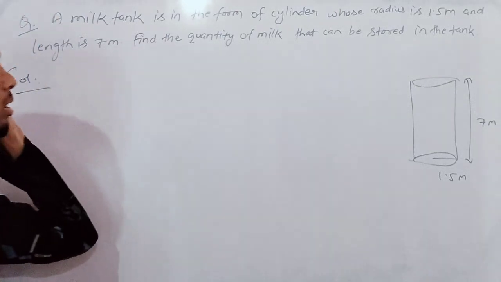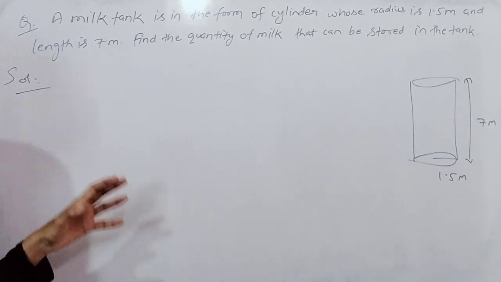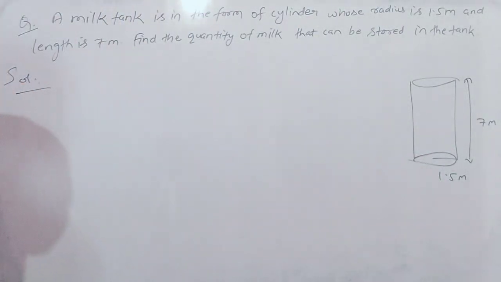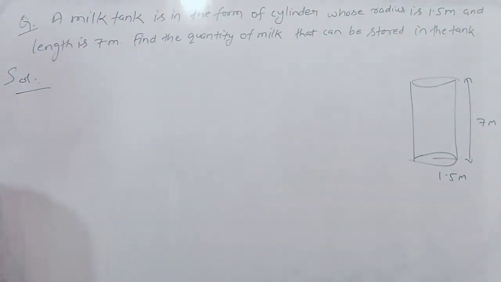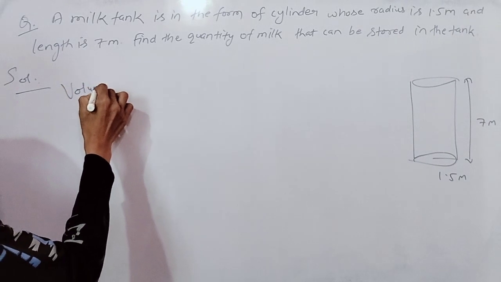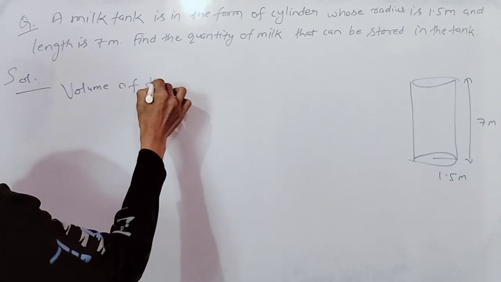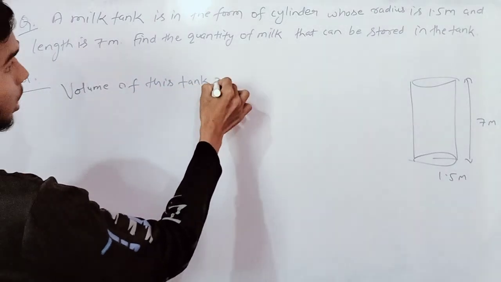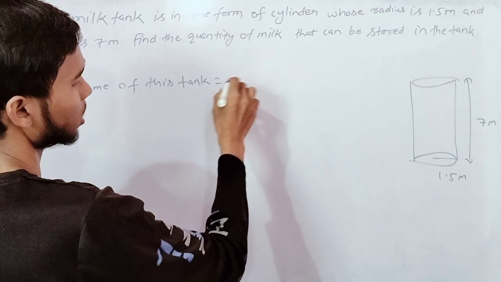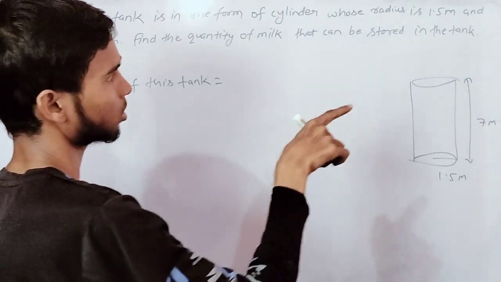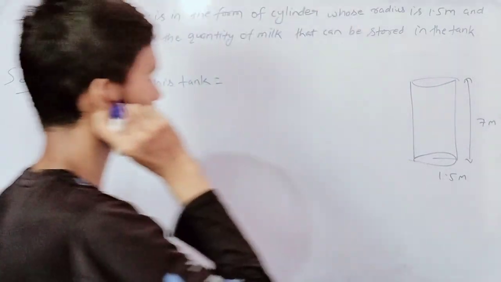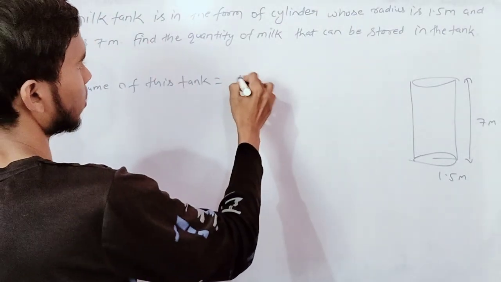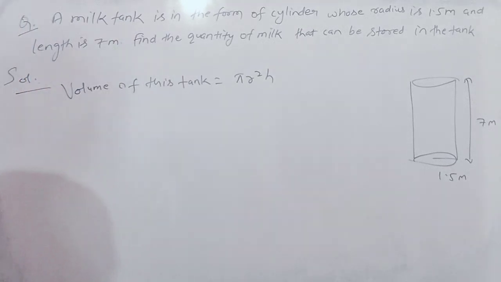Quantity of milk, you can say volume. Volume of this cylinder, where the radius is given as 1.5 and the height is 7. So the volume of this tank would be pi r square h, isn't it?